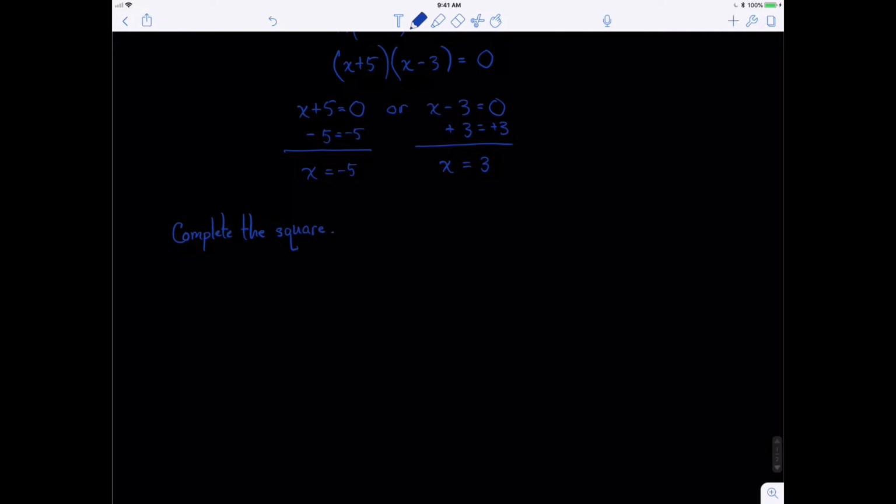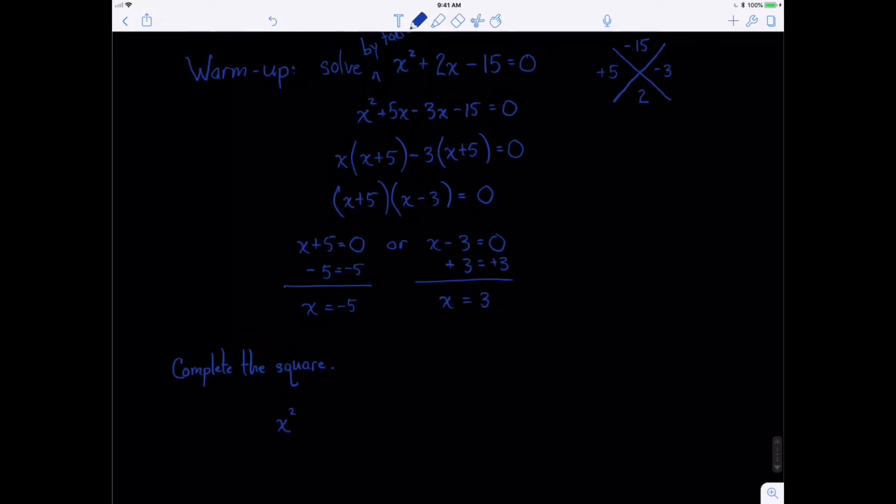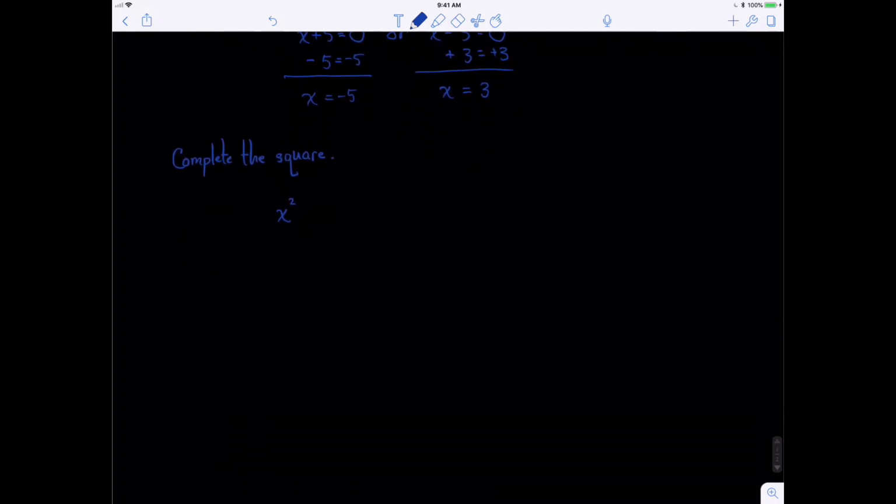Okay, so we have x squared plus 2x minus 15 equals 0. Now remember, when we complete the square, we only want to work with the x pieces. And so our first step is to get the non-x pieces to the other side of the equal sign.